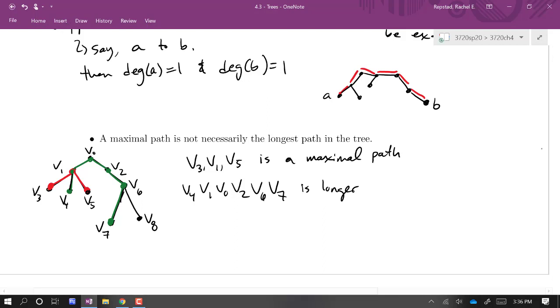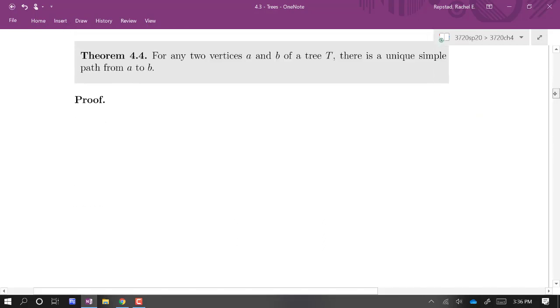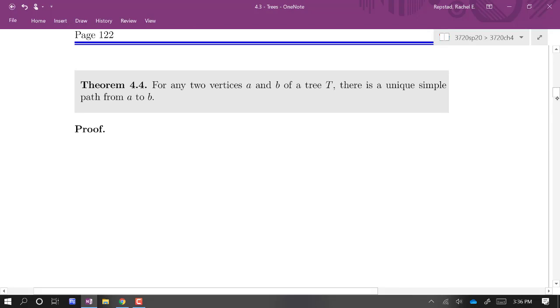So let's establish some results here. Say we've got a tree, so a connected graph with no cycles. For any two vertices, A and B of a tree, there is a unique, simple path from A to B. So a simple path, remember, is a path where no edge is repeated. And we're saying that there's a unique simple path.